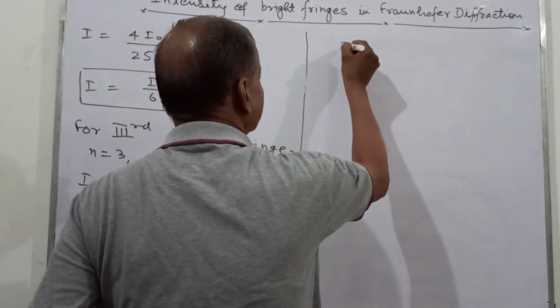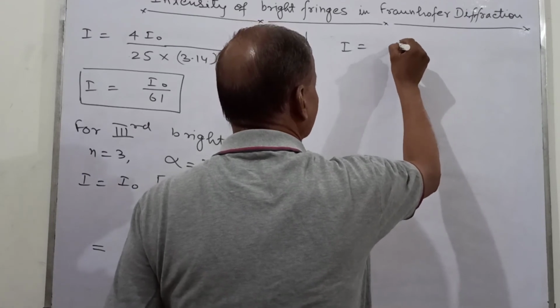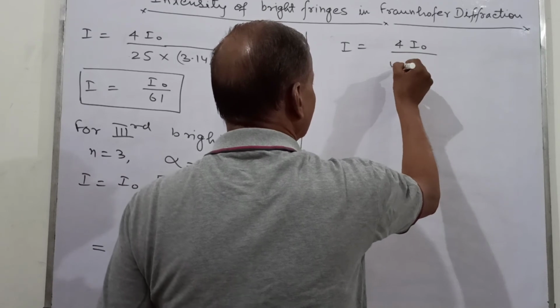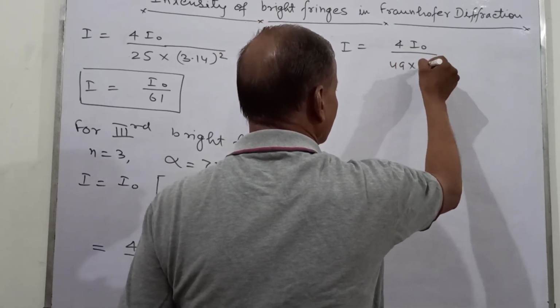So this I is equal to 4 I naught upon 49 into 3.14 whole square.